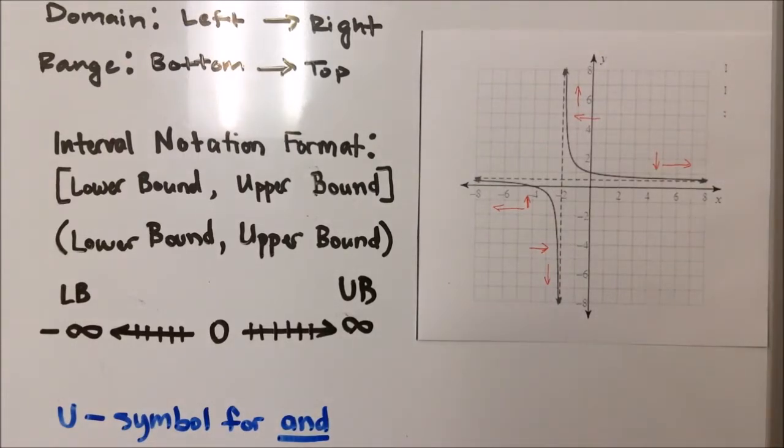Alright, let's talk about domain, just domain. I'm going to use the letter for domain, and then we're going to start from the left side. Let me make some room so you can see.